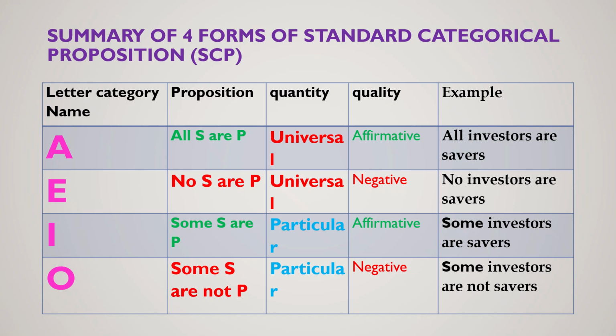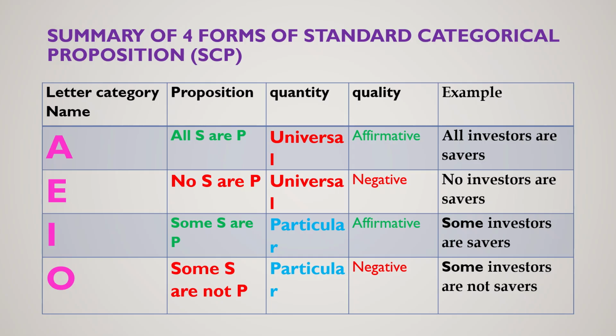For example, in syllogism, and also when it comes to the traditional square of opposition, which we are going to learn later in the lesson. We have said whenever you see letter A, they are all the propositions that take the form of "All S are P" or universal affirmative. For example, all investors are savers, all farmers are savers, all students are hardworking, among others.